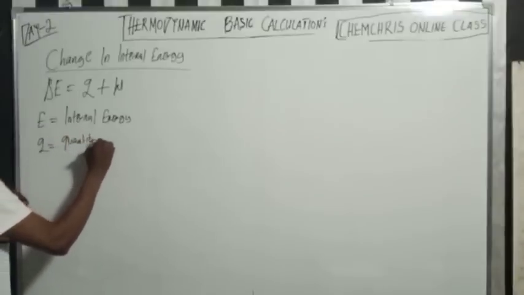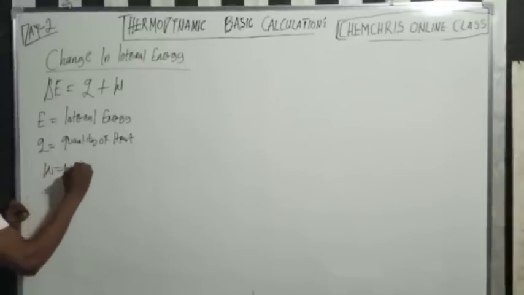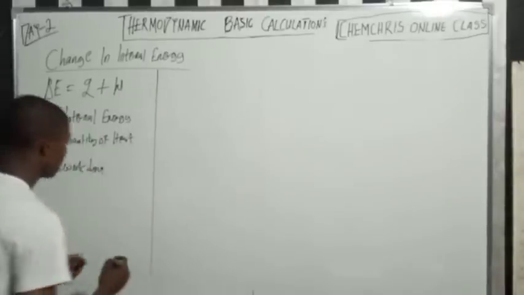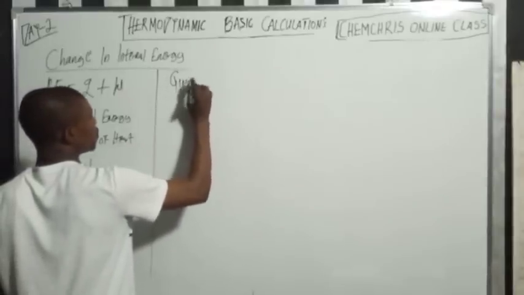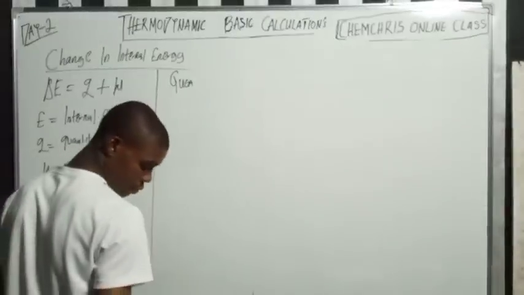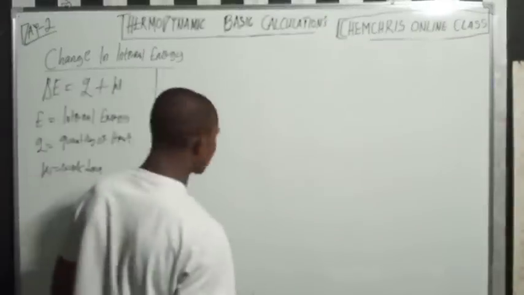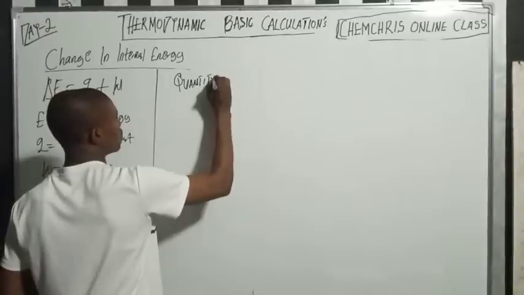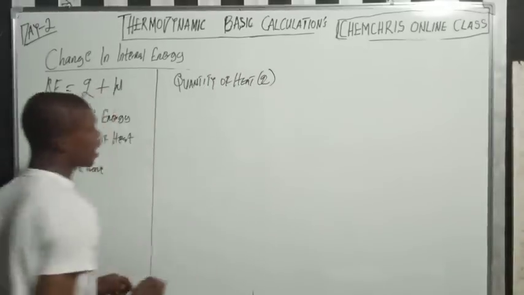W is equal to work done. Now let's look at the quantity of heat.